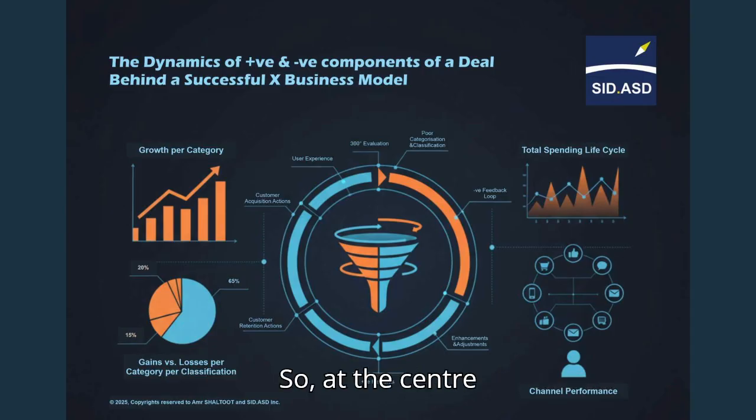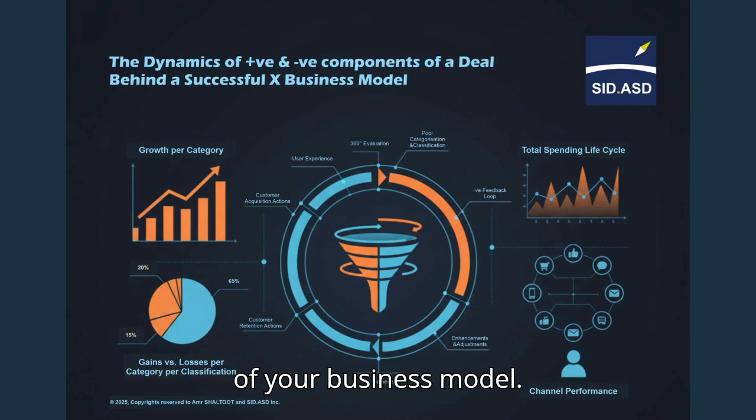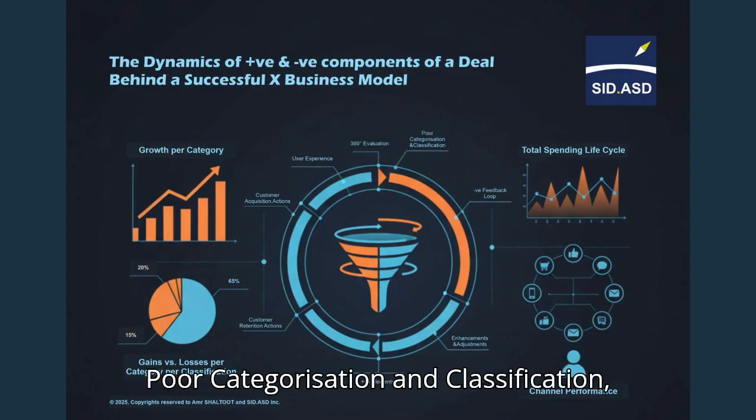this two-day course. So at the center of the slide, you will see this 360 evaluating circle that you will start with the negatively impacting components of your business model. So you start with poor categorization and classification.